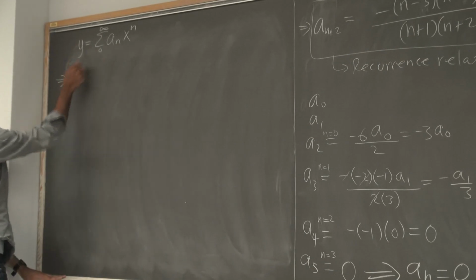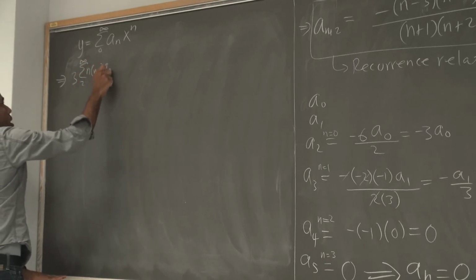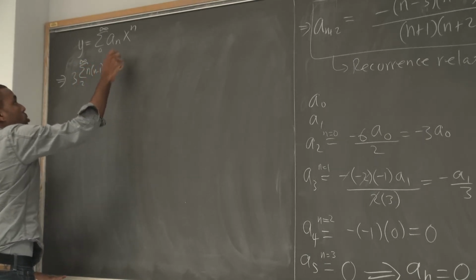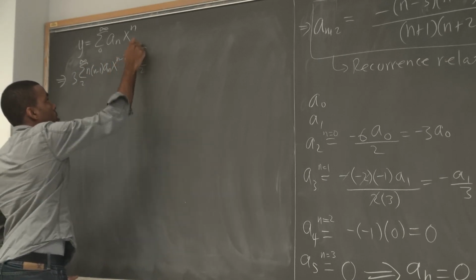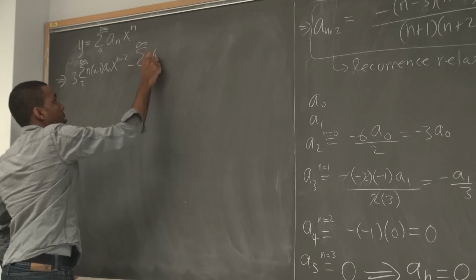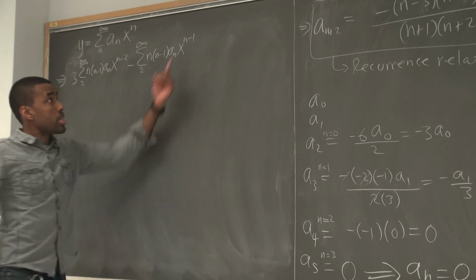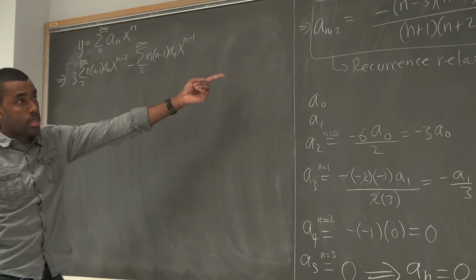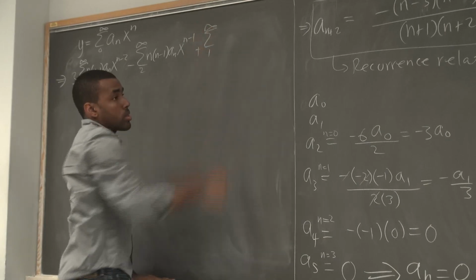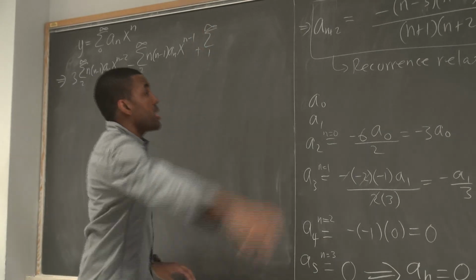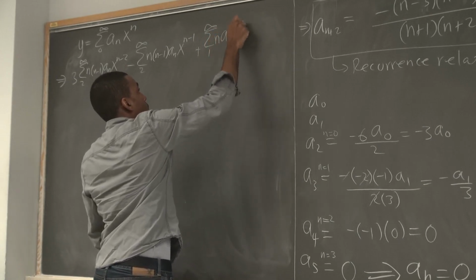So this would give us 3 times the sum from 2 to infinity of n times n minus 1, a n x to the n minus 2, minus, and this is now n minus 1 because I multiplied the x in, plus, for the derivative, I'm multiplying in x squared, so this would be n a n x to the n plus 1.